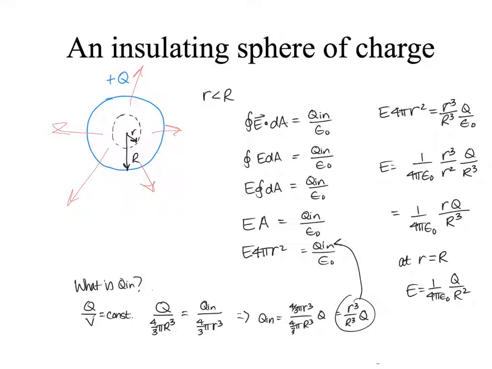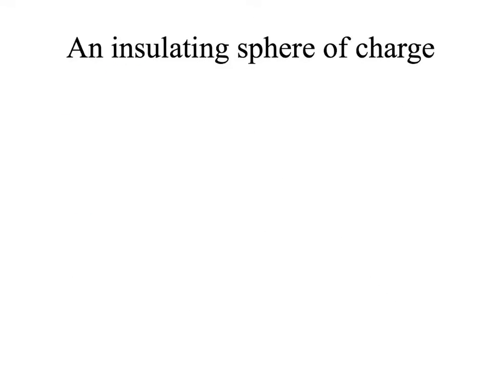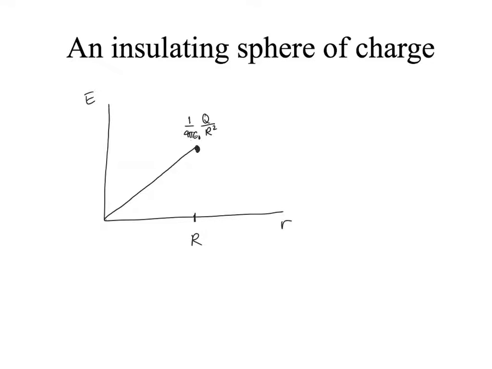So what happens is, if we looked at a graph of the electric field for the sphere, and this is big R, the electric field is going to increase linearly with r, and then when I get to the surface, it's going to have 1 over 4 pi epsilon naught big Q over R squared as that value, and then it's going to start to drop off as 1 over little r squared.